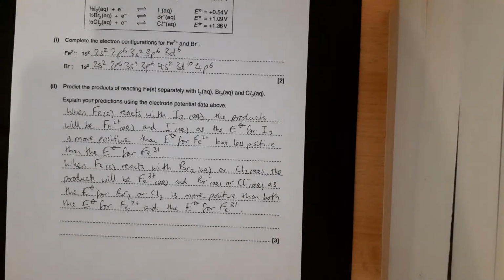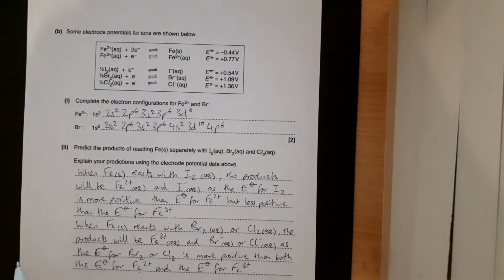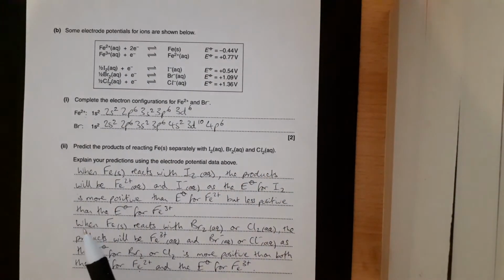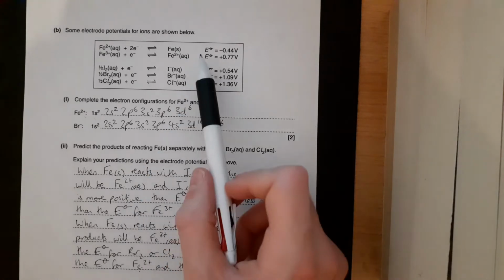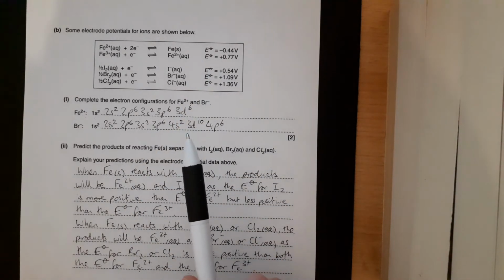So just watch out for those. Sometimes this was kind of obvious because you think, well, why have they given us this other electrode potential? Are they really going to give us 3 marks for saying, well, in every case it's going to reduce the iron to Fe2+? How is that a 3-mark question? So watch out for that. But sometimes they're a little bit less obvious with these.